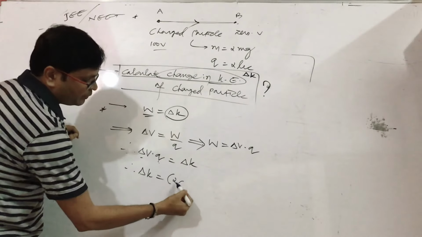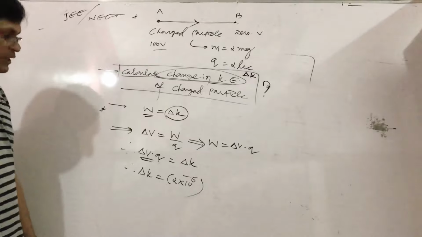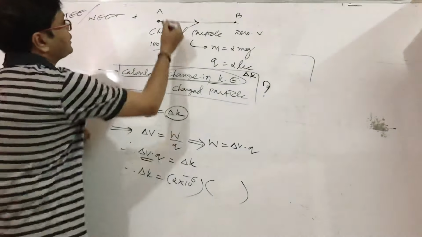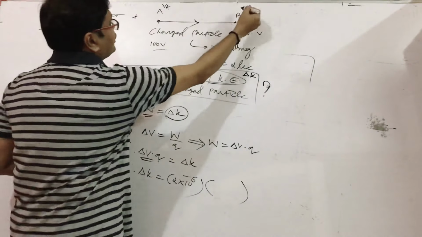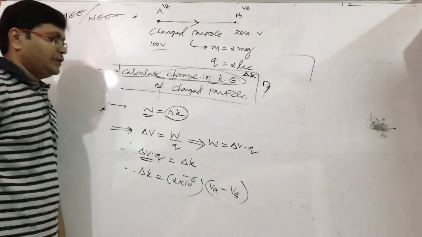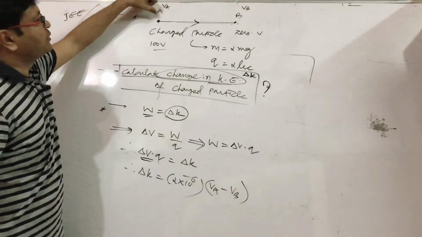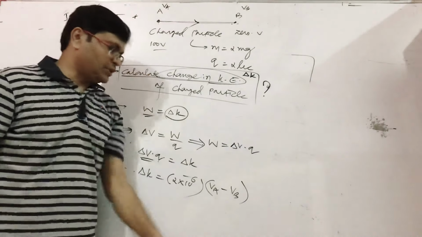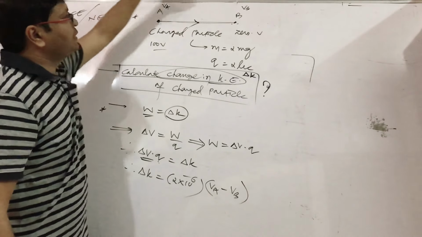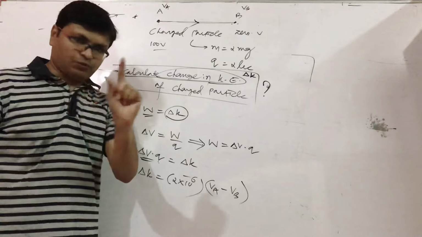Q is already given as 2 microcoulomb, so 2 into 10 raised to minus 6. Delta V, what do you mean by delta V? Delta V means the potential difference between A and B. The potential at point A is VA, the potential at point B is VB. So I can write here VA minus VB. Don't write VB minus VA, because you are moving your charged particle from higher to lower potential. Keep in mind, anytime a charged particle moves from higher to lower potential, the potential difference is positive.